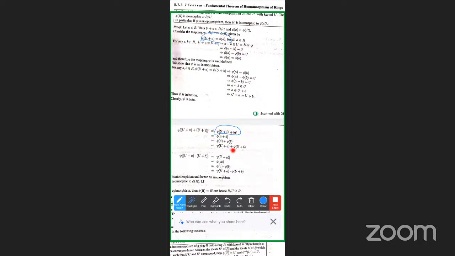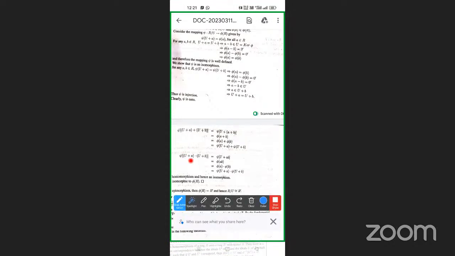So next, the second condition, psi of u plus a into u plus b. Psi of u plus a into u plus b is equal to psi of u plus a into b, the product of two cosets u plus b. So pi of a into b. So by using this condition, psi of u plus a is equal to pi of a. So psi of u plus a into b is equal to pi of a into b.